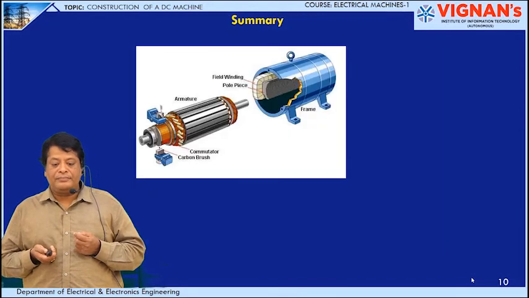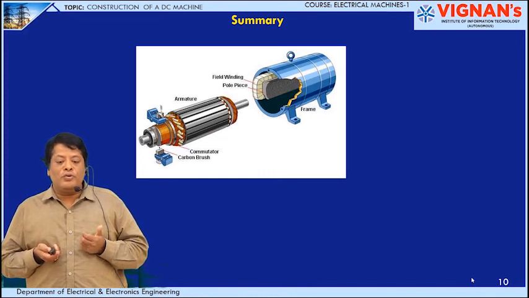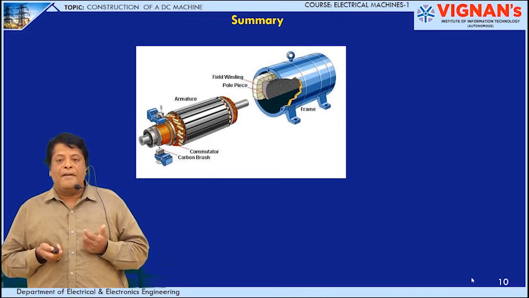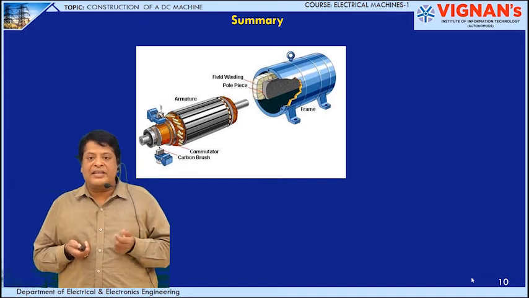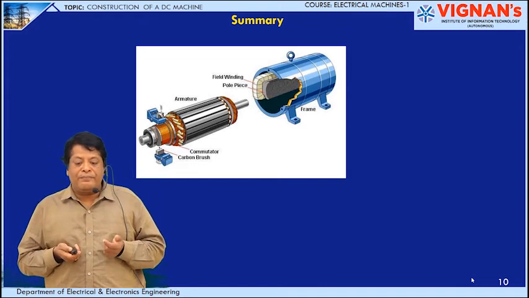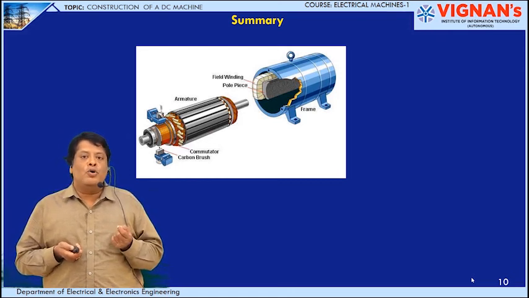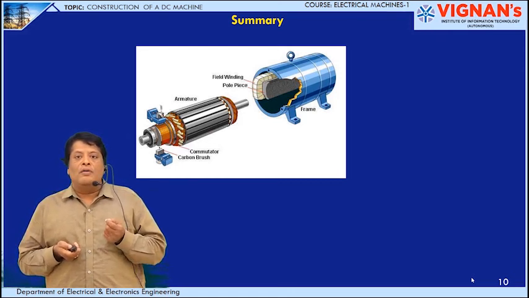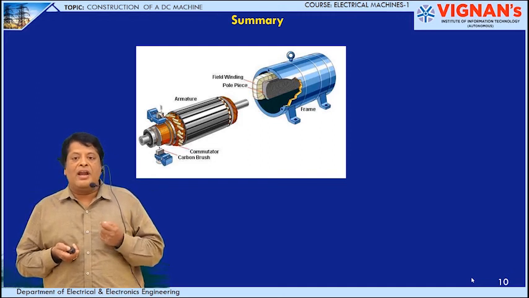Summary. In this lecture, you came to know the different parts of a DC machine. Basically, there are two parts, the stator and the rotor. In the stator, there is the frame and field system. In the field system, there are the pole core, pole winding or field winding, and pole shoe.